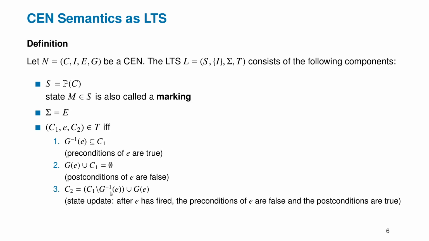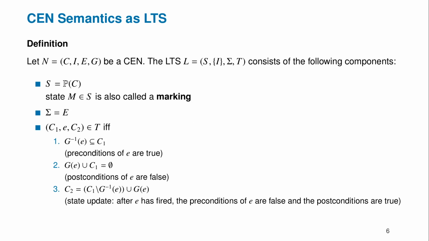So the preconditions become false after event E has fired, and the post conditions all become true. So the token is removed from the preconditions, and the token is then added to the post conditions. This is the state update, and let's have now a look at some example.